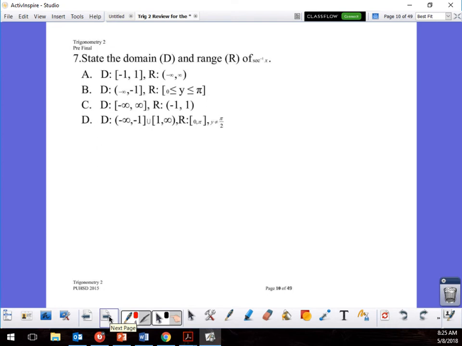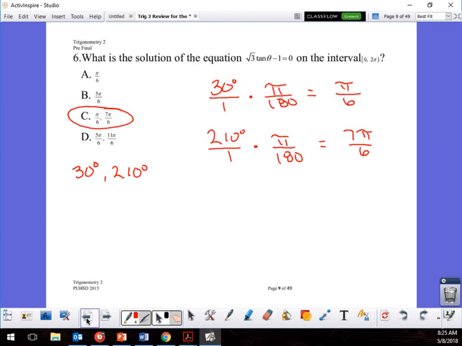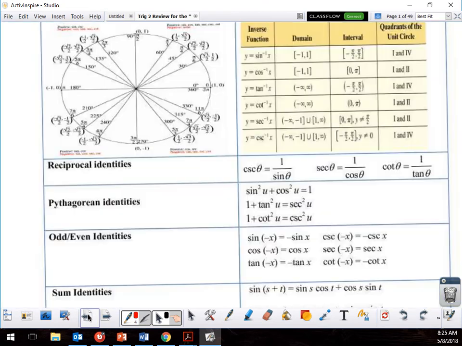State the domain and range of inverse secant x. Okay, so where would I find it? In your little reference sheet. Inverse secant x, it's this one right here, right?